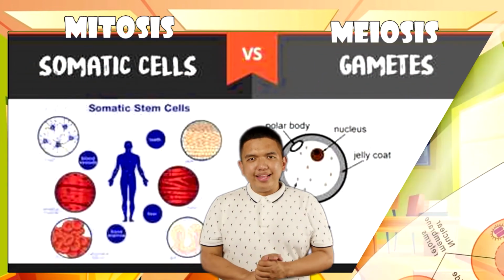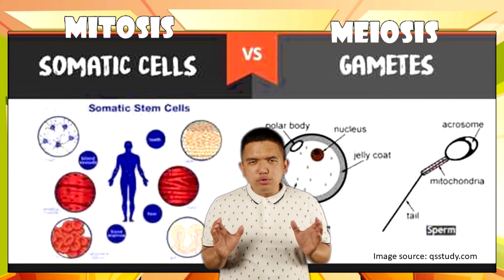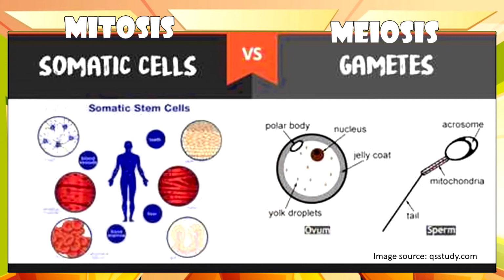To sum up our lesson, we will look into the major differences of the 2 types of cell division. First is the type of cell these processes occur. Mitosis happens in somatic or body cells, while meiosis happens in the gametes. What about the number of cells produced at the end of each process?